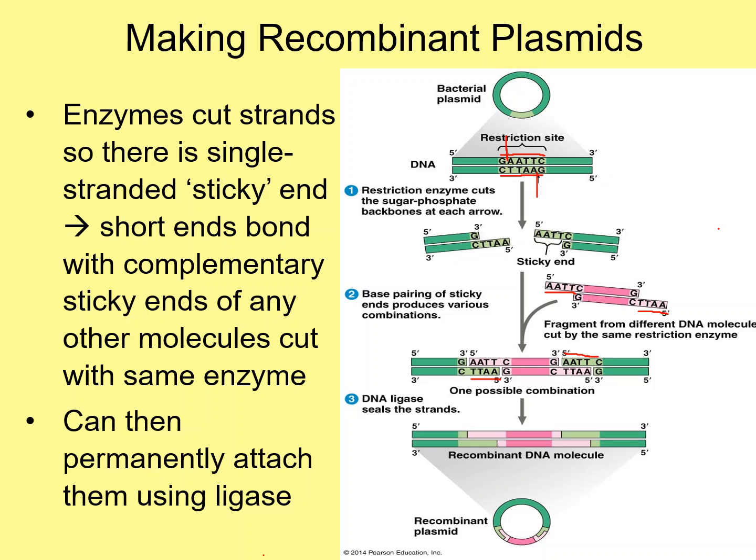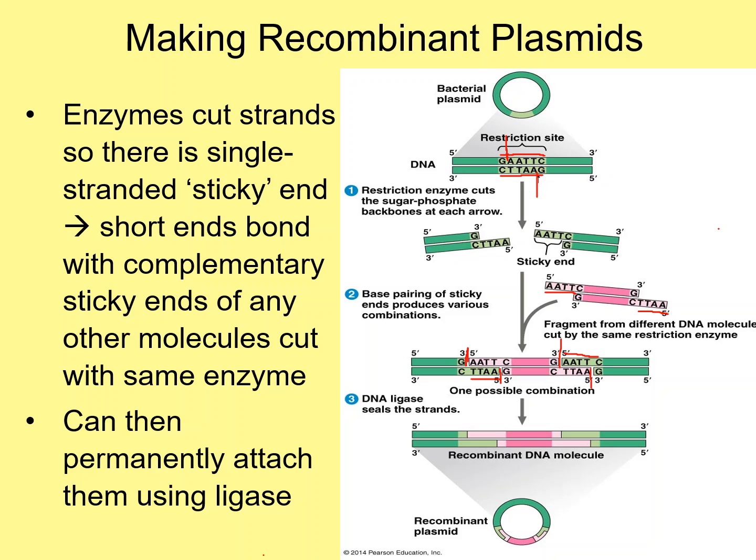They should hydrogen bond with each other, and then, since we've added ligase, that's going to catalyze our phosphodiester bond here, and here, and here, and here, and that's going to give us our nice recombinant DNA molecule. So that's what should happen, right?